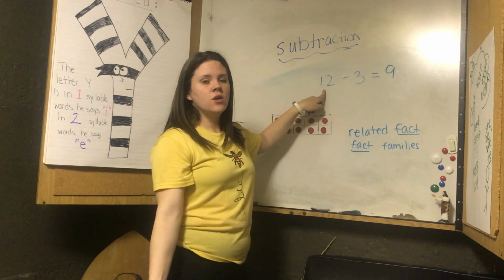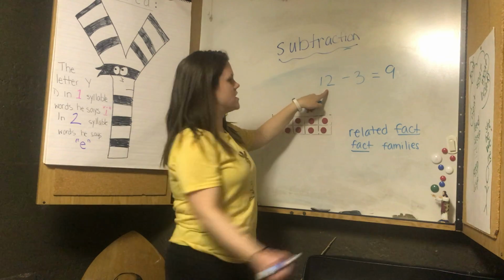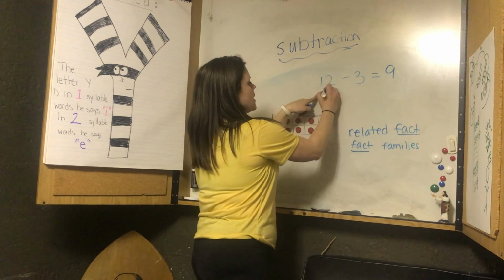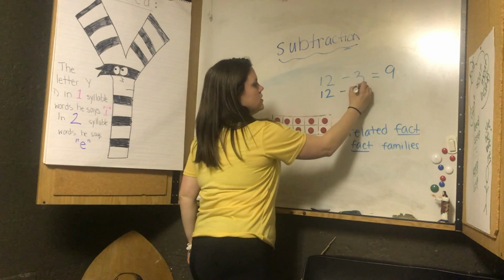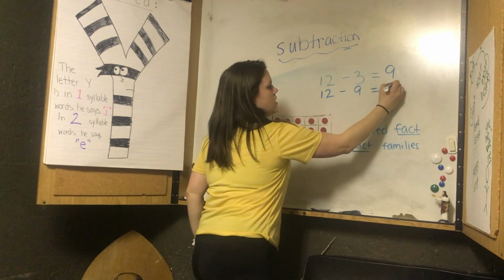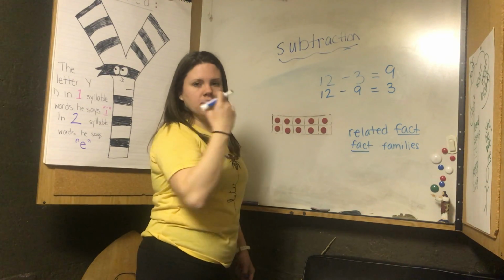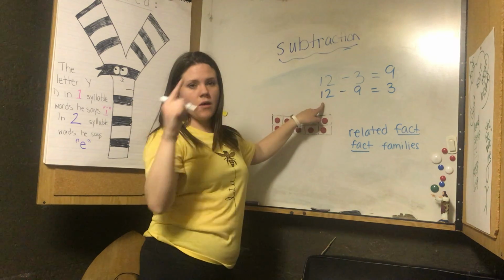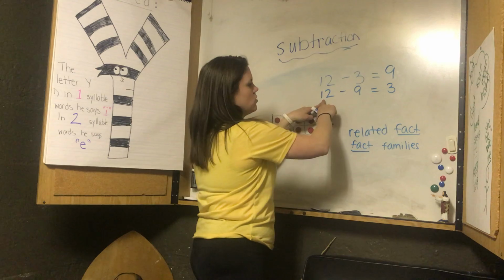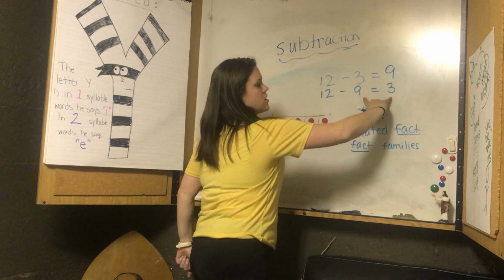So one related subtraction fact to this one, our whole stays the same. I'm going to switch the parts. So this time I'm going to do 12 take away 9 equals 3. An addition related fact would be, now addition, remember our whole is at the end. The whole is the sum. So my parts are first.